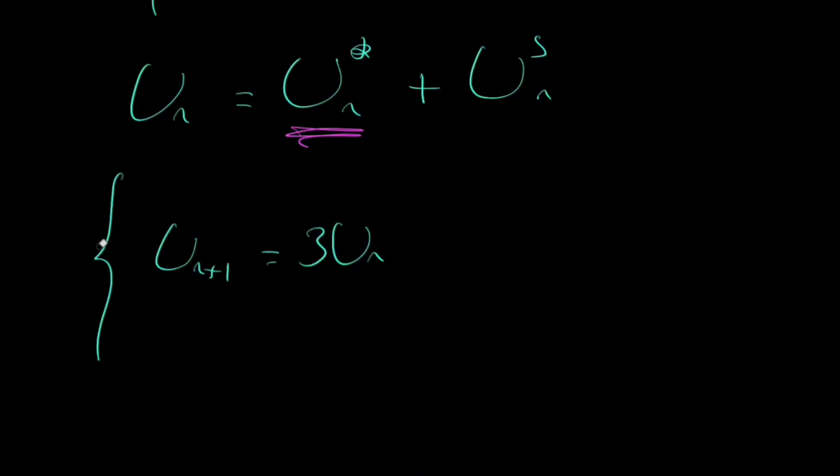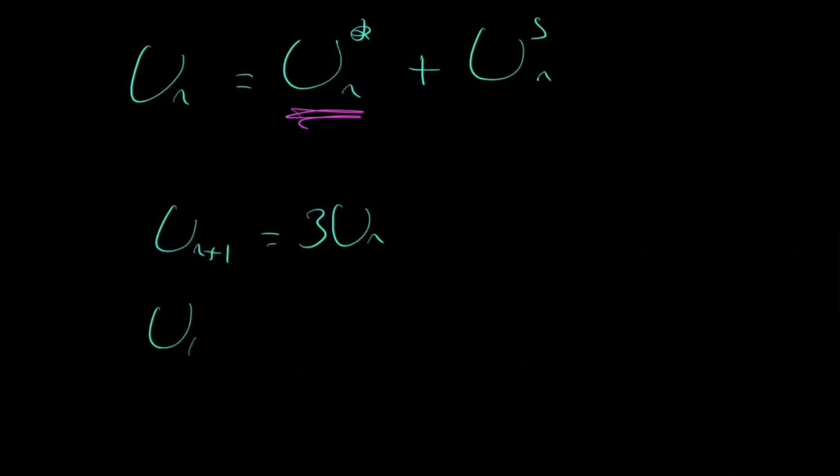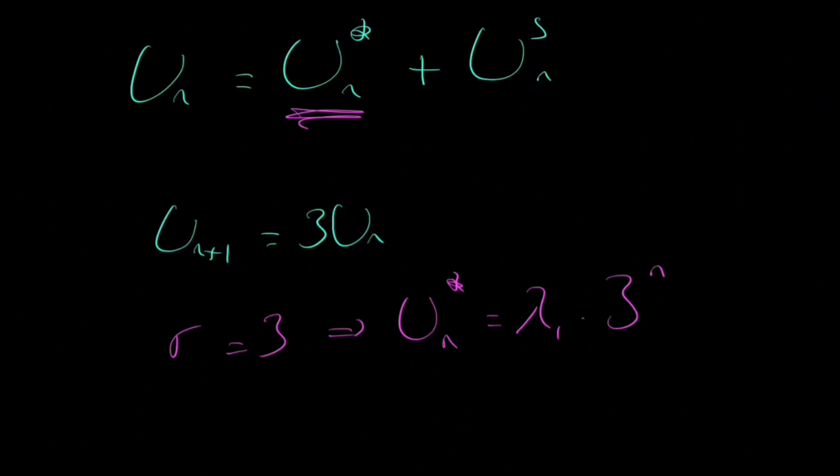So let's find it. With the characteristic polynomial, we're going to have r equal to 3. It implies that u_n star will be equal to a constant lambda 1 times 3 to the nth power.